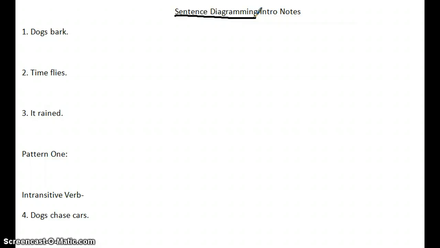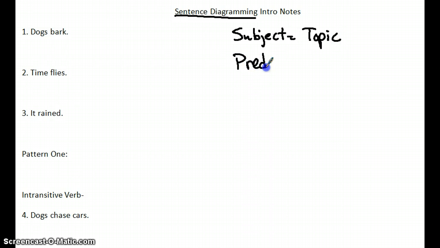Okay? So let's just start with the very basics. As we've already said in previous videos, every independent clause has a subject and a predicate. Remember, a subject is what the sentence is about, it's the topic, and the predicate tells us about the topic. It answers what about the subject. Okay?